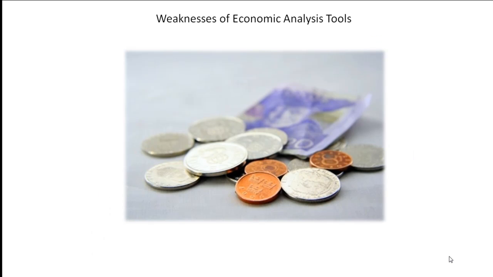Weaknesses of economic analysis tools. Comparing the cost of electricity and return on investment are both simple tools, but both fail to take into account a number of economic factors. For example, both techniques fail to account for interest payments on loans that may be required to purchase a PV system.